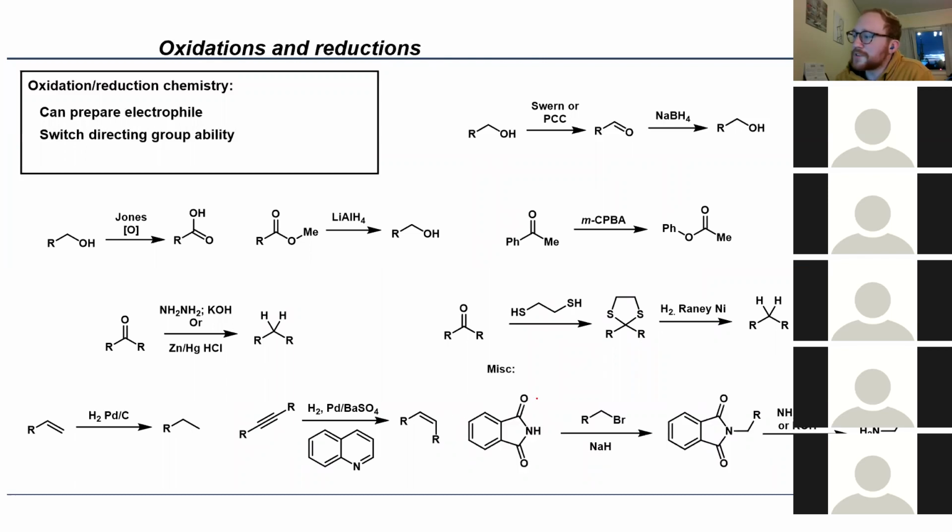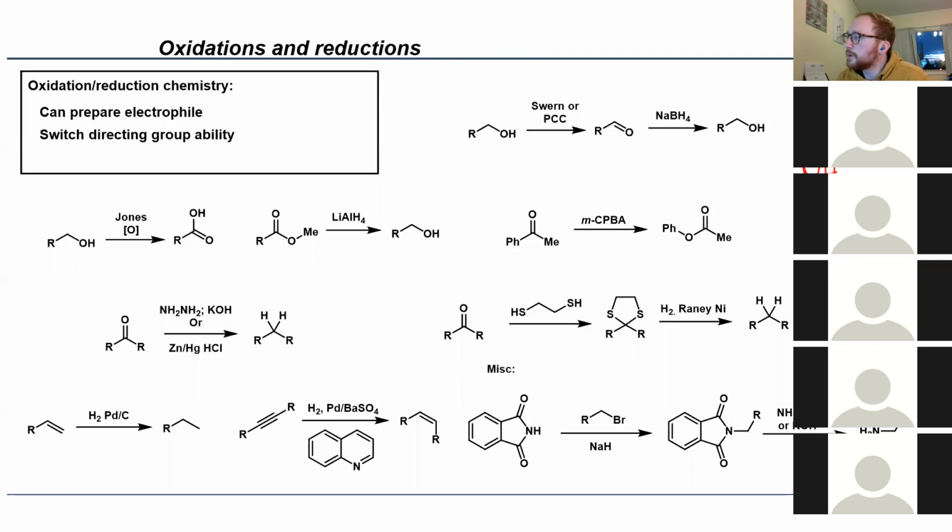Here is also a miscellaneous reaction that we learned in class, which is the Gabriel synthesis of amines. I didn't really know where to put this because it's not an oxidation or a reduction, but it is a very useful way for us to prepare primary amines. Typically, if we wanted to make an amine, we run into a problem.